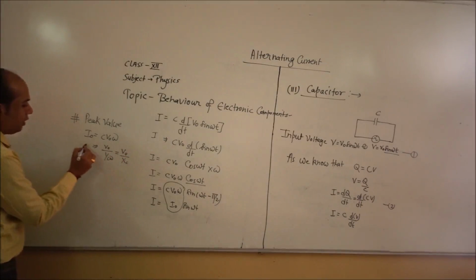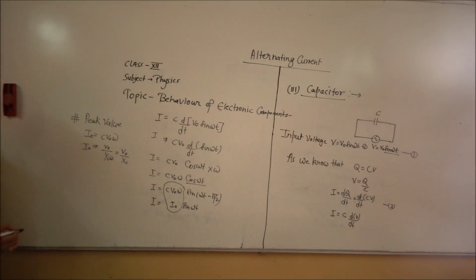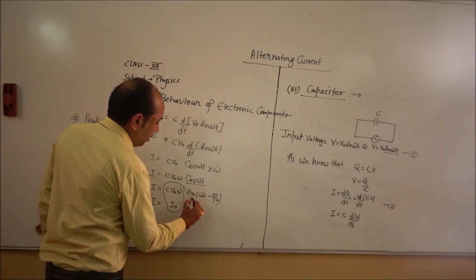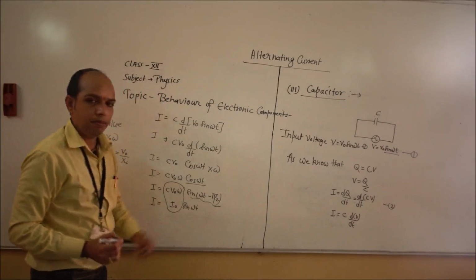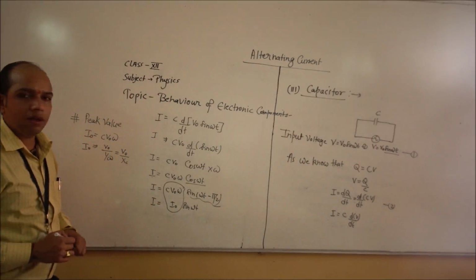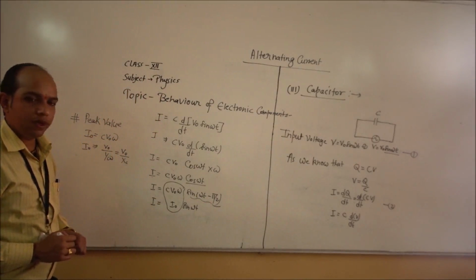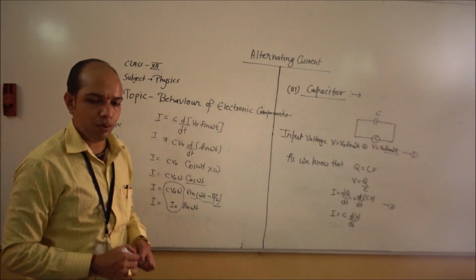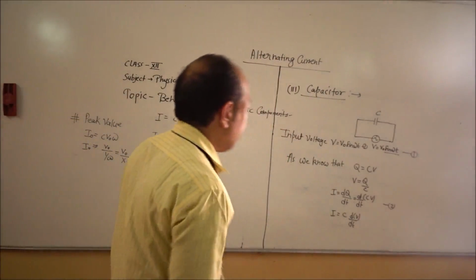This is the capacitive reactance. And second one, when we compare the current, so here current lags behind the voltage by pi by 2. So we can say current lags behind by phase angle pi by 2. So this is the second conclusion.